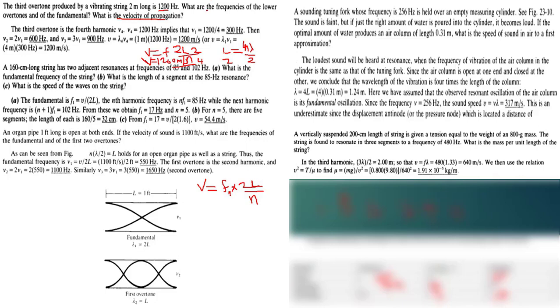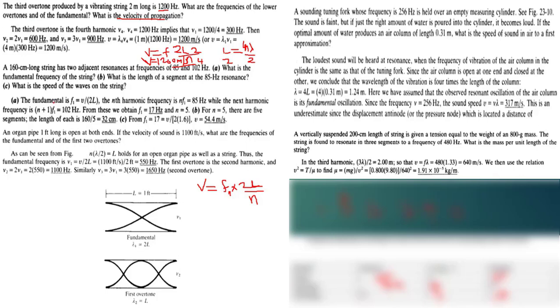So we were told from the fundamental, the lower overtones and the fundamental. For the third overtone, it means we are required to find the lower overtones, the second overtone, the first overtone plus the fundamental, which means all three are covered in the question. Fundamental, the first overtone which is n is equal to 2, and the second overtone which is n is equal to 3.